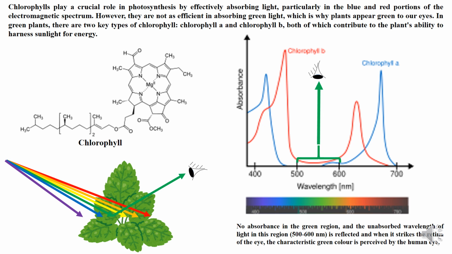And that is why this unabsorbed radiation that is reflected, when it strikes the retina of the human eye, is perceived as a green color. And that is why leaves are green colored.